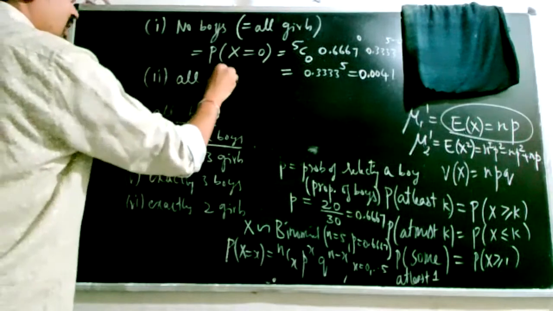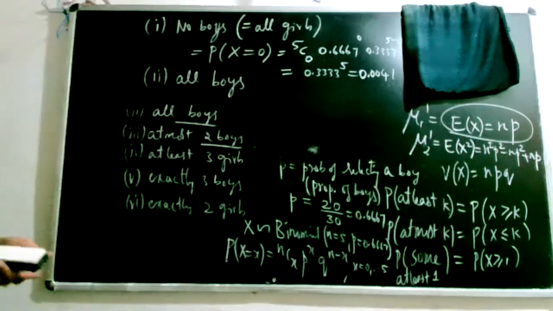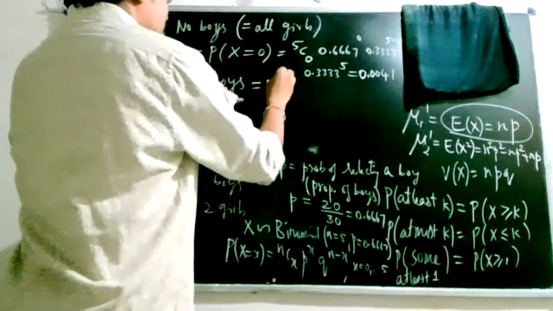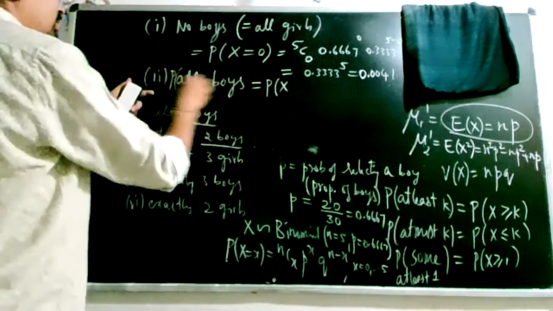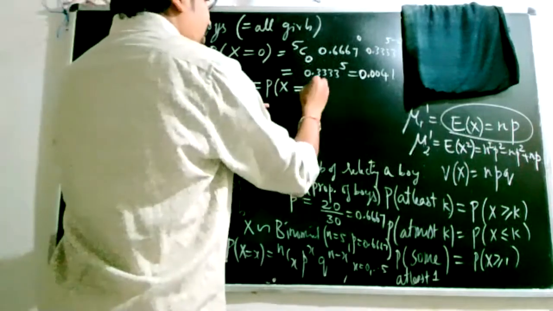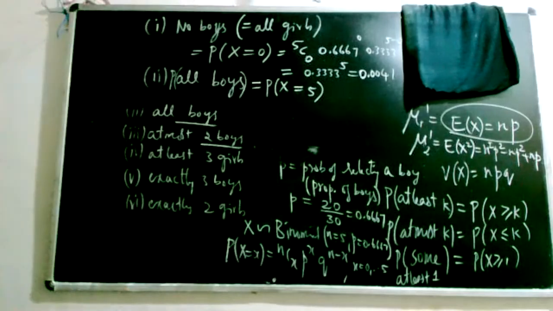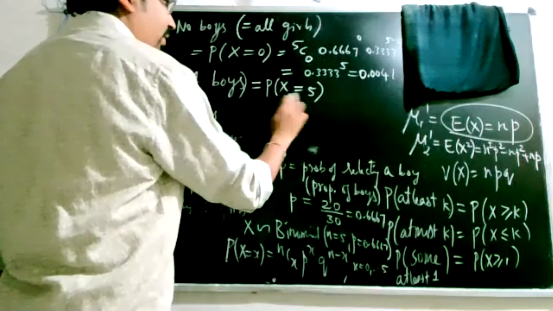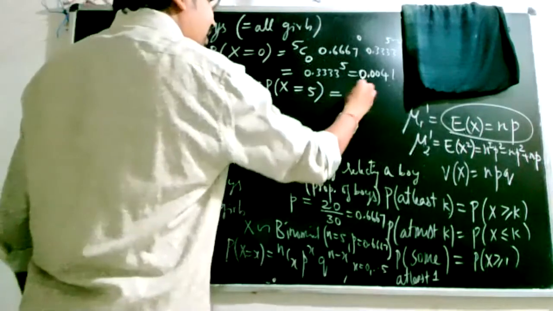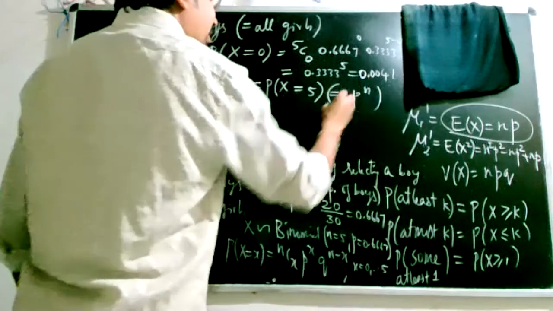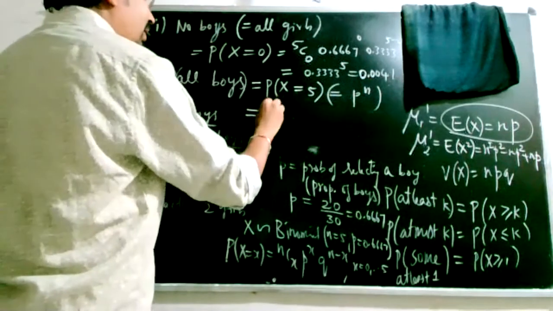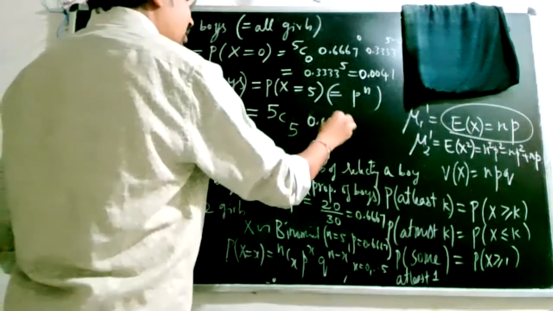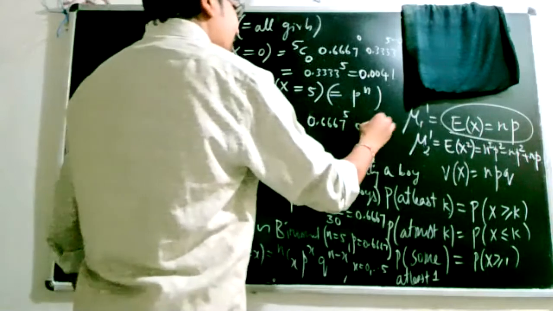And the second question says, what is the probability of selecting all boys? I'm selecting 5 students, so when I say all boys, that implies P of X is equal to all boys, so X is equal to 5. And we know that for binomial, P of X equal to n is just p power n. If you don't remember that, just use the PMF, nCx, p to the power of x, q to the power of n minus x.